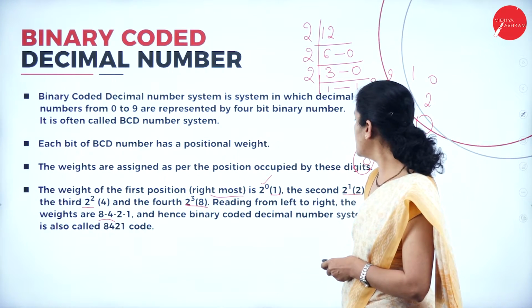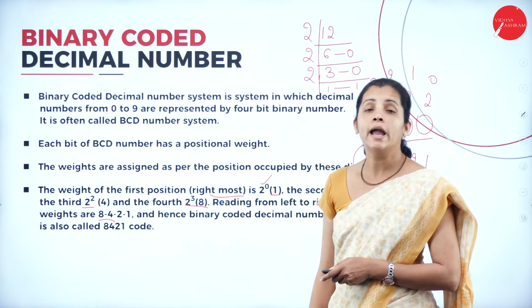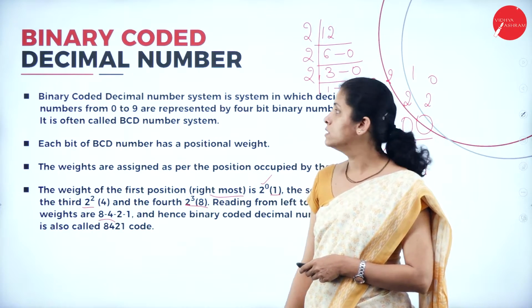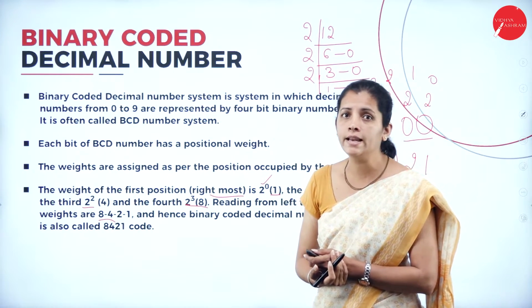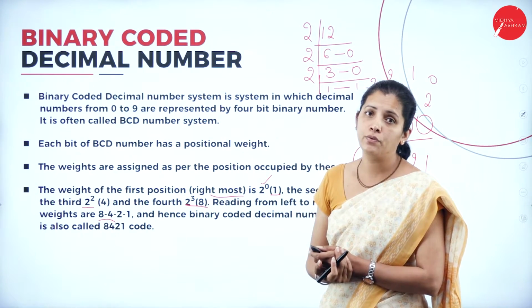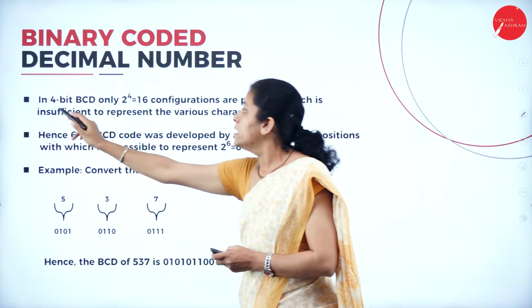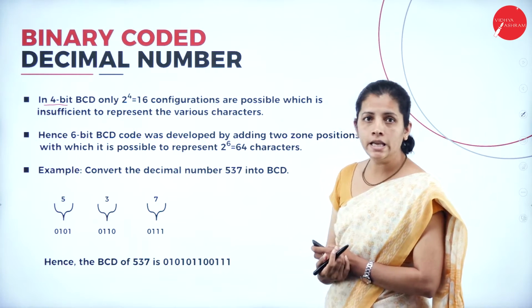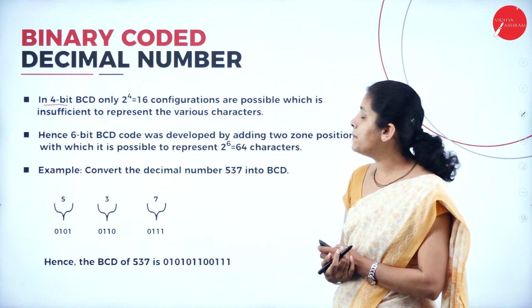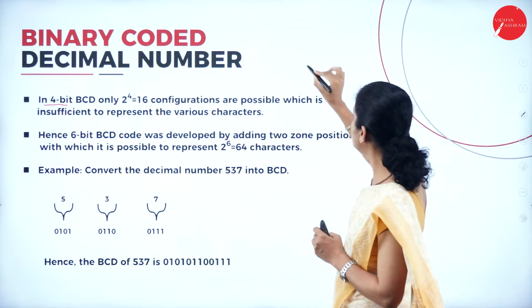Hence the binary coded decimal number system is also called 8421. So here the BCD number system is once again called 8421.